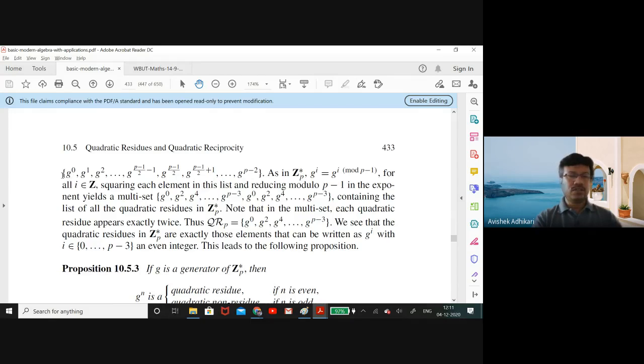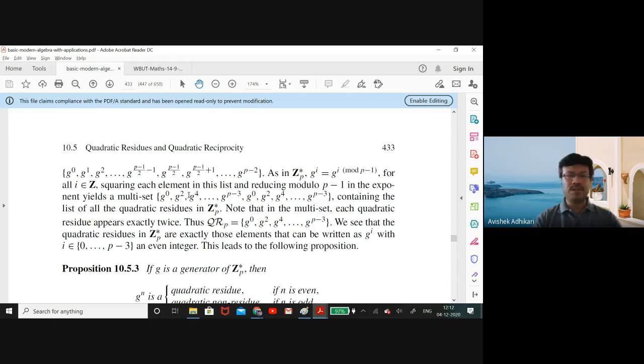From that set, I construct a new set by squaring every element of the set. Now the question is, how many elements do we have? Here g to the power 0 will become g to the power 0 itself, g to the power 1 will become g squared, then g to the power 4, and so on. But after some time, using this property, you will find that after g to the power P-3, it will again repeat. Why is it repeating? Because it's basically a 2 to 1 mapping.